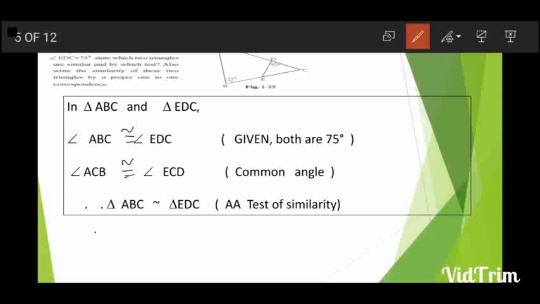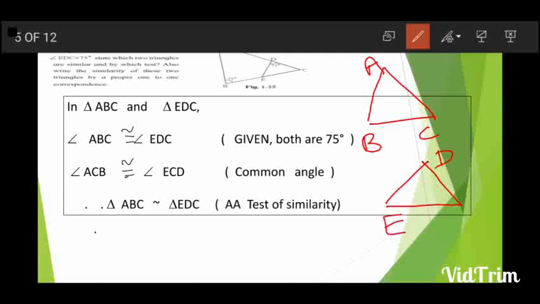Now I am going to draw two triangles separately. For example, let me draw triangle ABC and triangle EDC. Now see here, they have given this is 75 degrees and they have also mentioned this is 75 degrees.